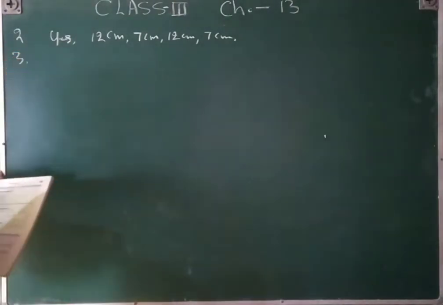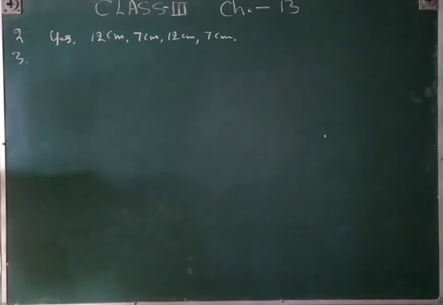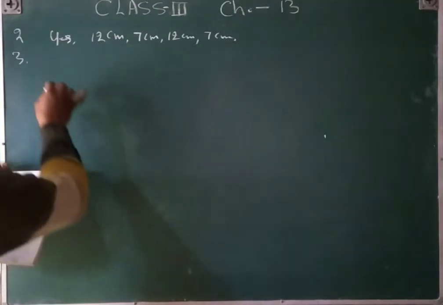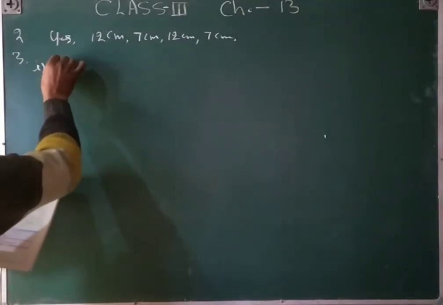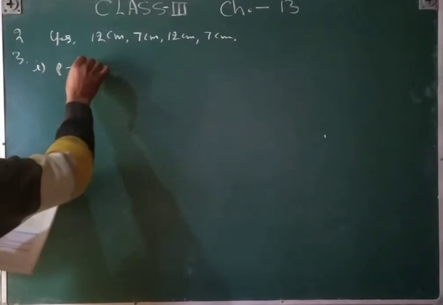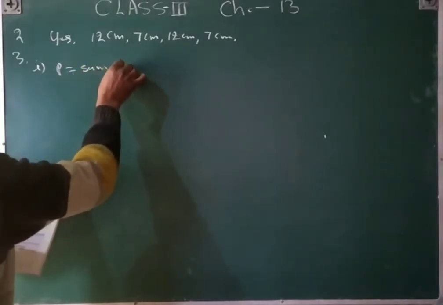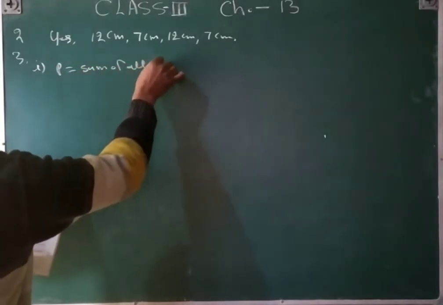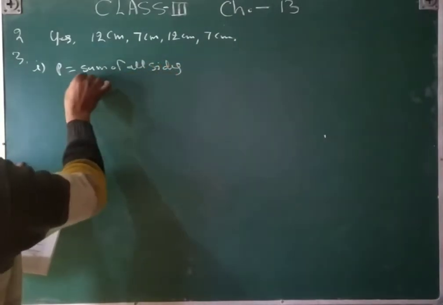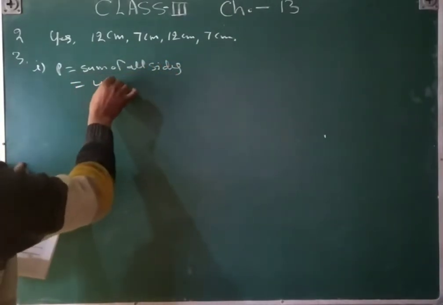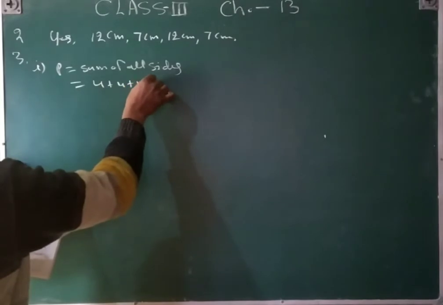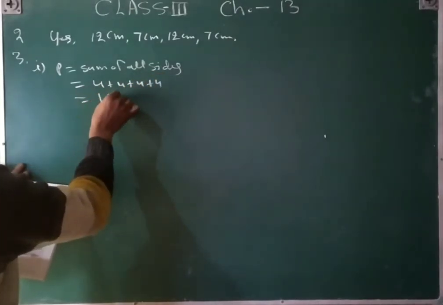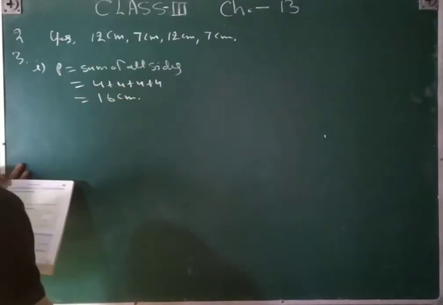Third question, find the perimeter of the following. Perimeter is a very simple thing. For the first part, P is the perimeter, the sum of all sides. You will write, sum of all sides. The sides are 4 plus 4 plus 4 plus 4, so that will be 16 centimeter.